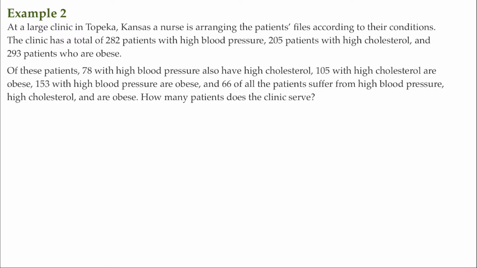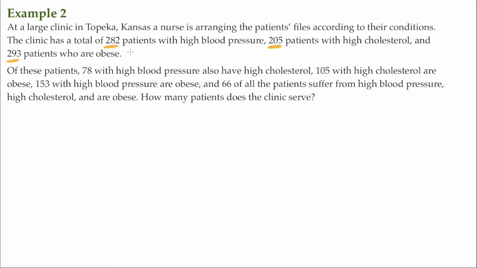Now, at first glance here, it would seem as though all we would have to do is add up the 282 patients here who have high blood pressure, add up the 205 patients here who have high cholesterol, and add up the 293 patients here who are obese.